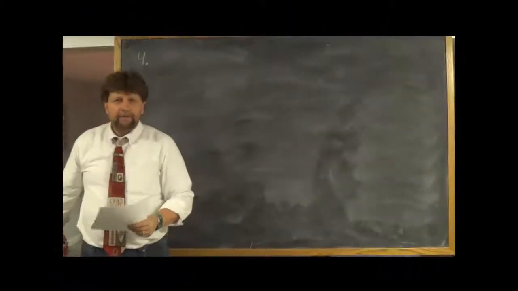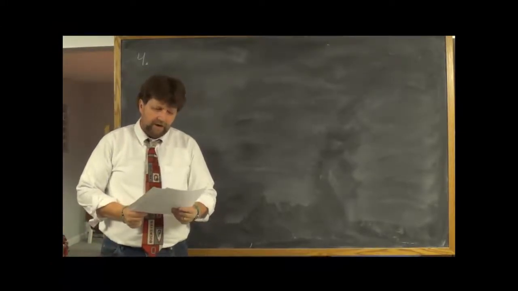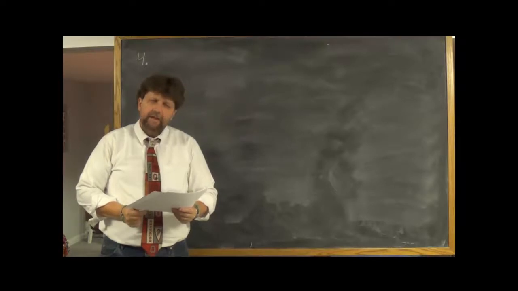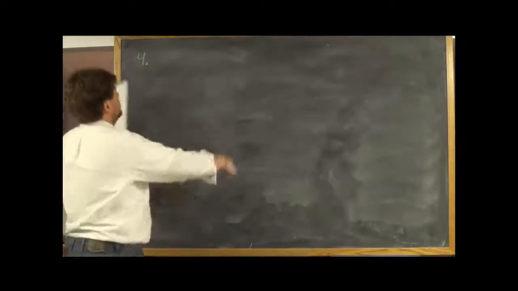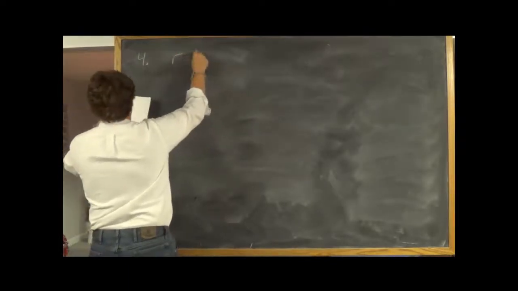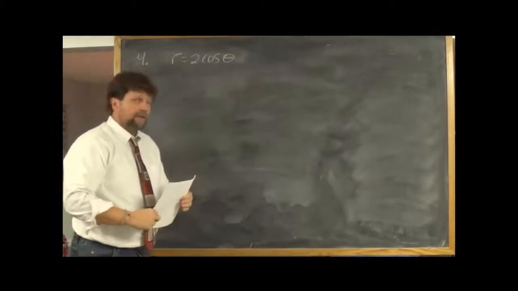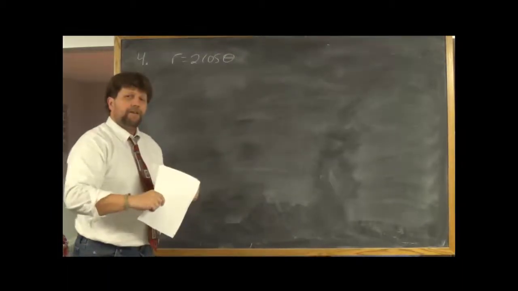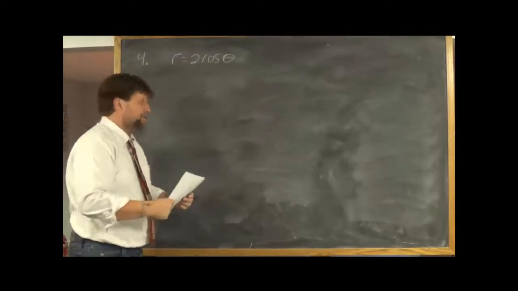All right, hey, here in number 4, you were asked to convert a polar equation, r equals 2 cosine theta, to a rectangular equation. That's your polar equation, and we want to convert it to an equation where we see x's and y's.